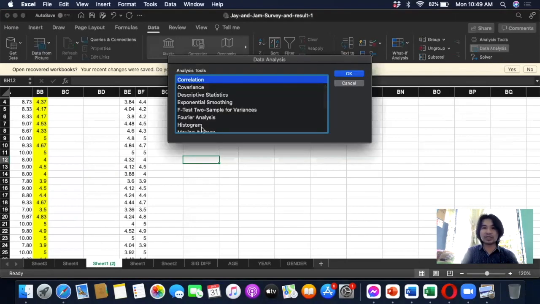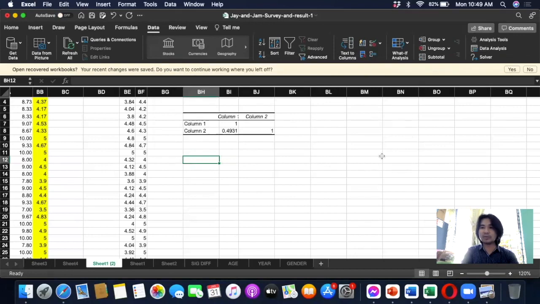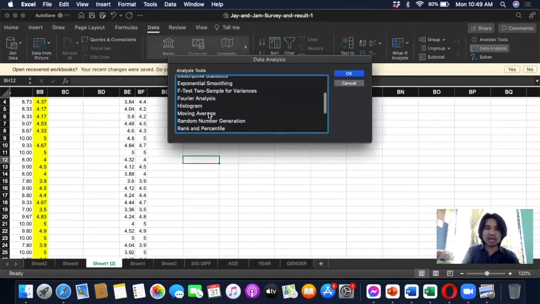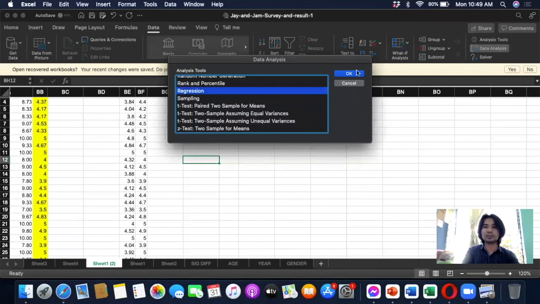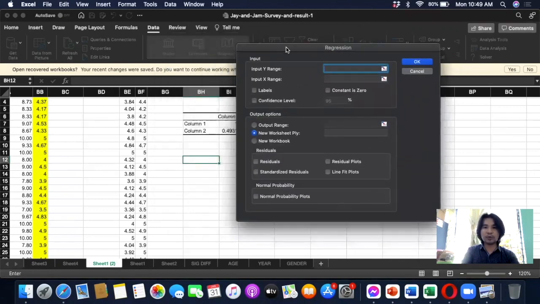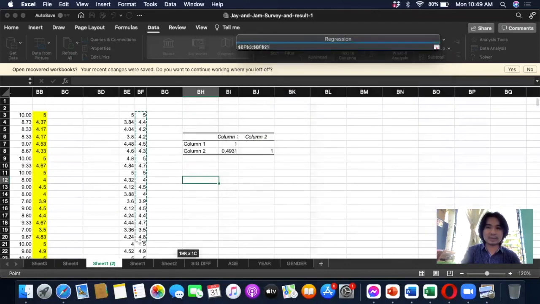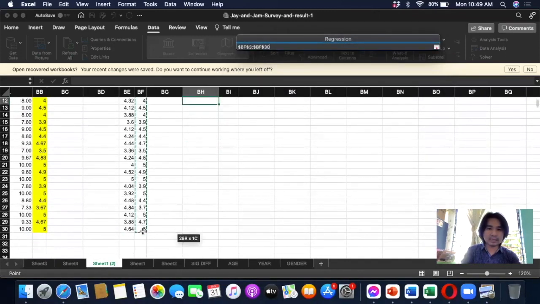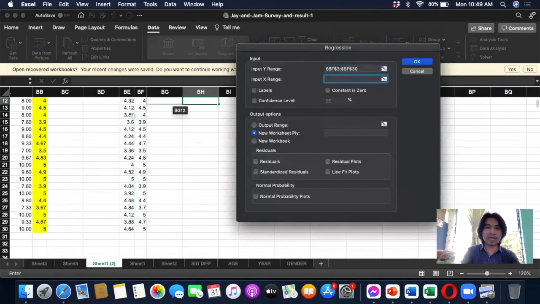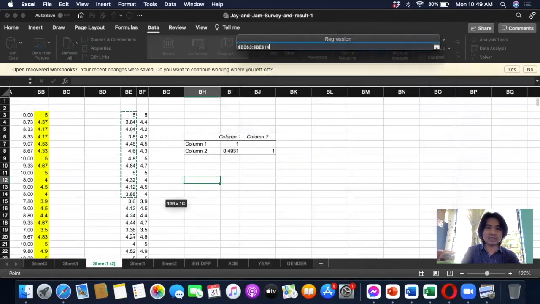How to solve for regression is, again, we use data analysis, then regression. For range Y, we will be using the dependent variable. For range X, or input X, we will be using the independent variable. So for Y, right here, then for X, we will be using the independent variable.